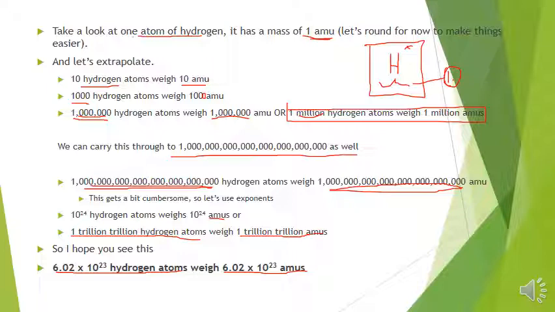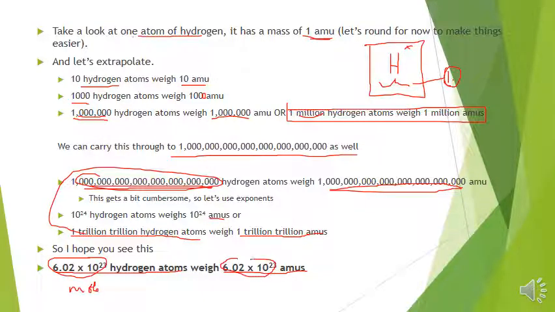And remember, we can substitute this number with the word mole, just like we can substitute this number with the word trillion. So I can rewrite this as 1 mole of hydrogen weighs 1 mole of AMUs. Don't think anything more, just stay with the logic right now.